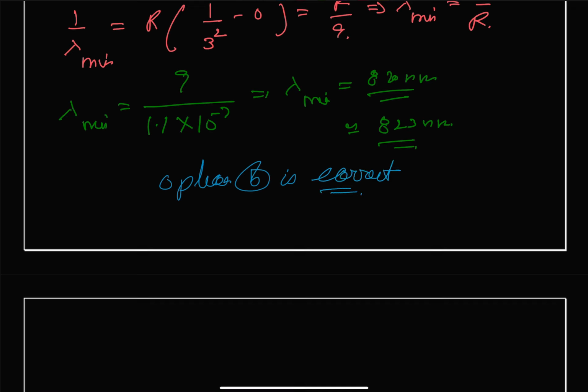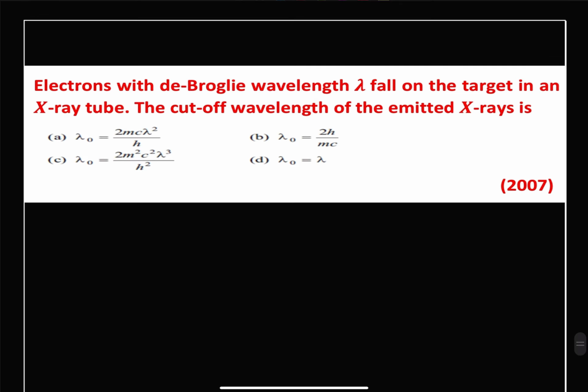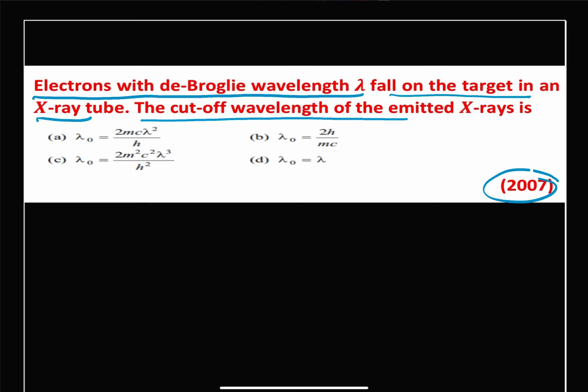Next question. It was asked in the year 2007, and it states that an electron with the de-Broglie wavelength lambda falls on the target in an X-ray tube. The cutoff wavelength of the emitted X-ray is.